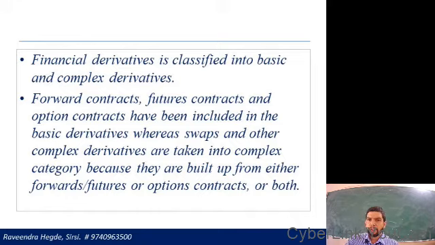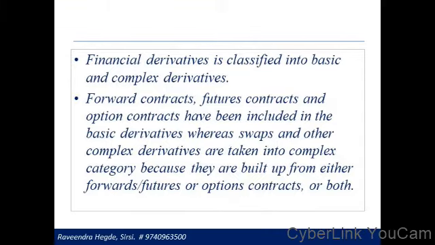See, in this, forward contracts, futures contracts, and option contracts have been included in the basic derivatives, and on the other hand, swaps and other complex derivatives are taken into the complex category because they are built up from either forward or futures or option contracts or both. So this is the classification on the basis of their nature.